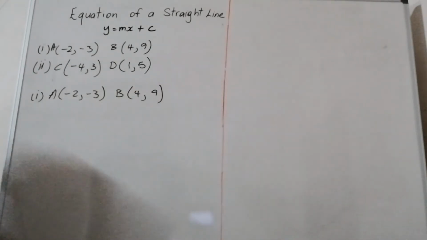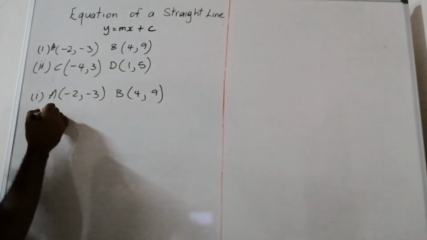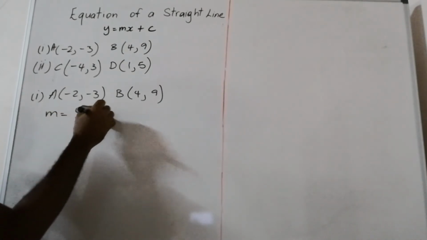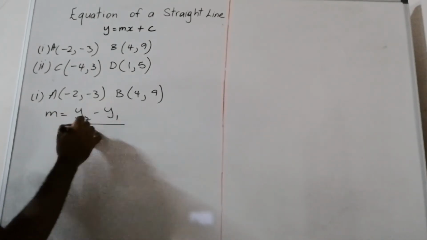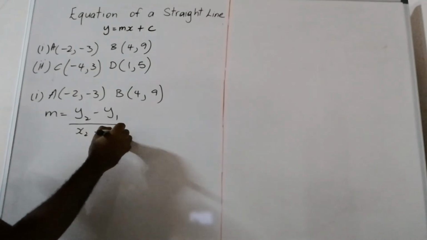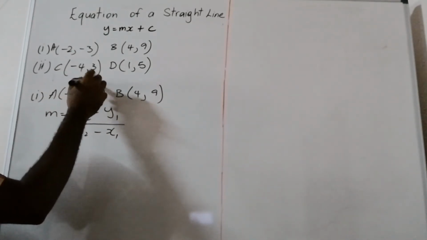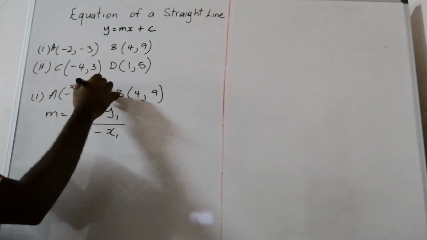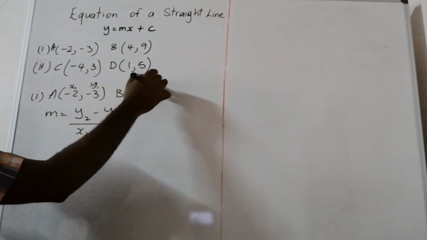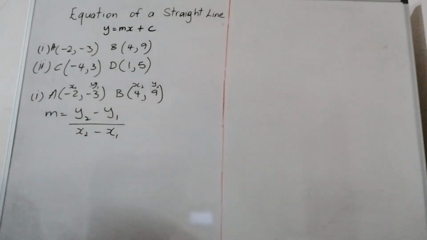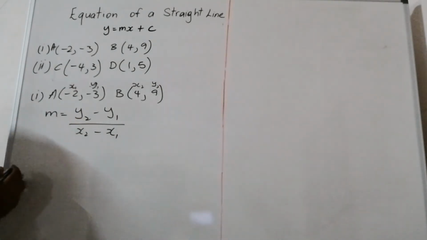Now, let's find the first step to find the gradient. So step 1, we find the gradient. So the gradient is equal to y2 minus y1 over x2 minus x1, where x1, y1, x2, y2. So we have our values there. So now let's substitute into our equation.